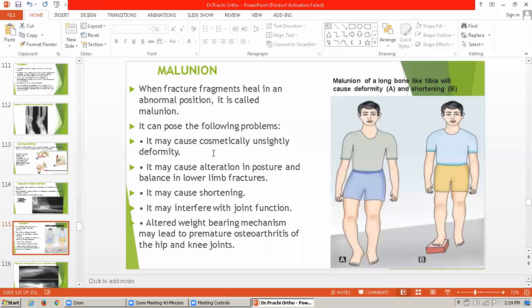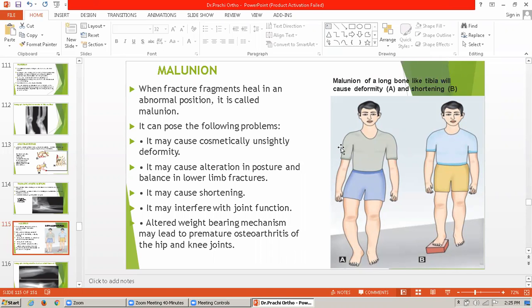It may cause a cosmetically unsightly deformity. It may cause alteration in posture and balance in lower limb fractures. It may cause shortening. It may interfere with joint function and alter the weight bearing mechanism, which may lead to premature osteoarthritis, that is OA, of the hip and knee joint.